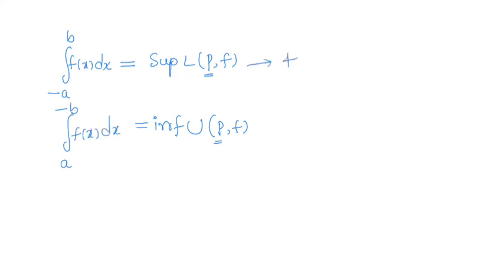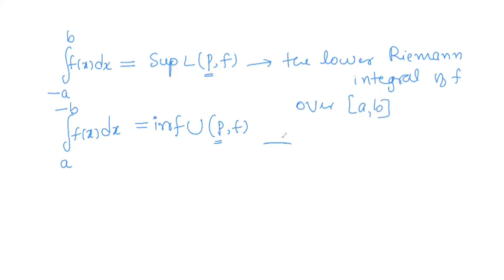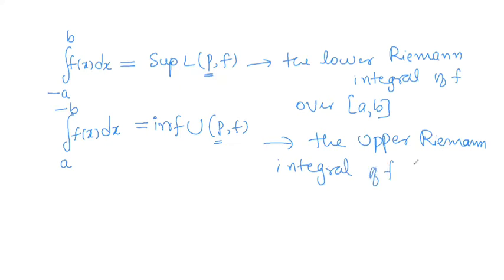So this is called the lower Riemann integral of f over a comma b, and this is called the upper Riemann integral of f over a comma b.